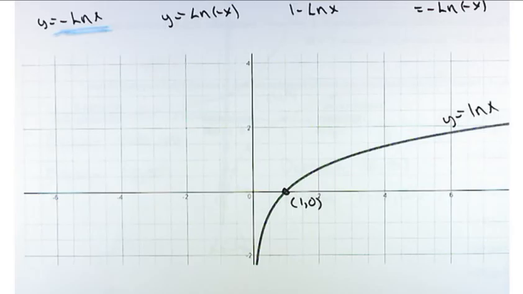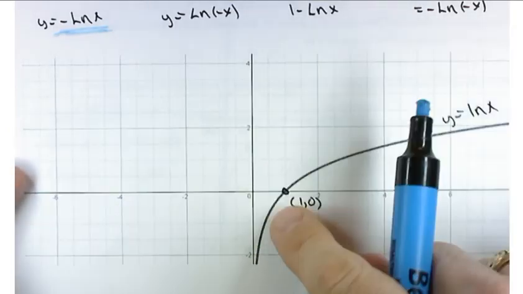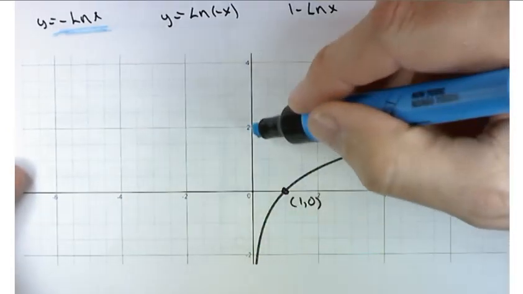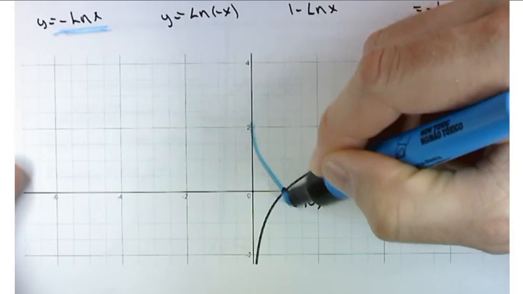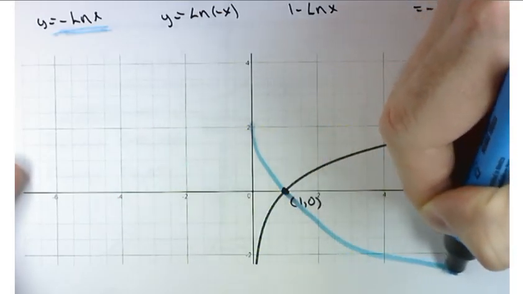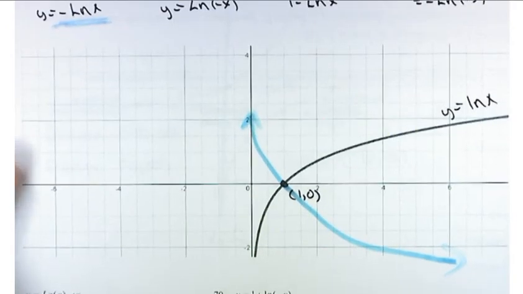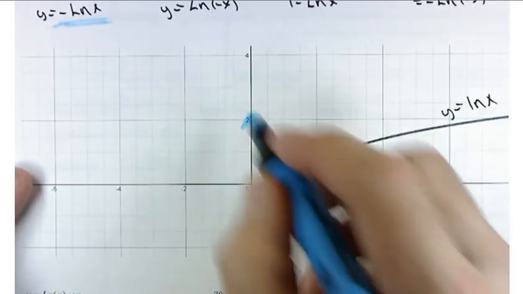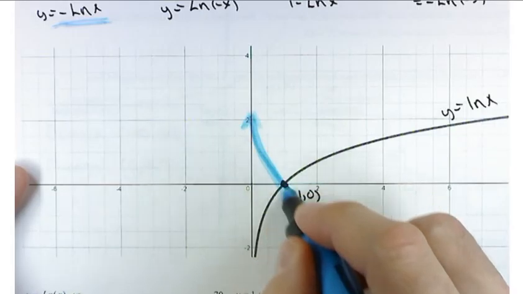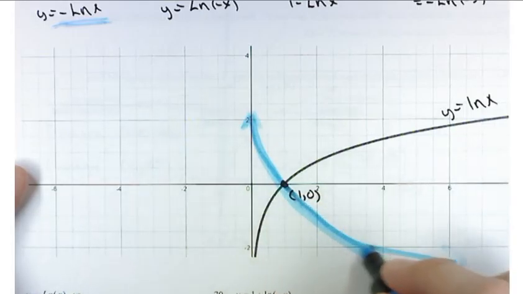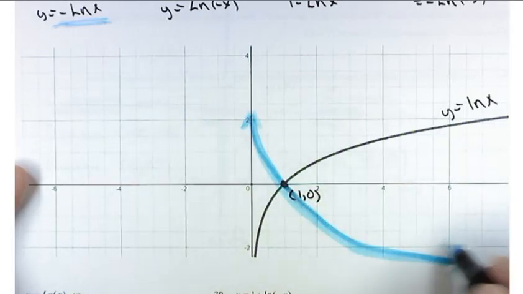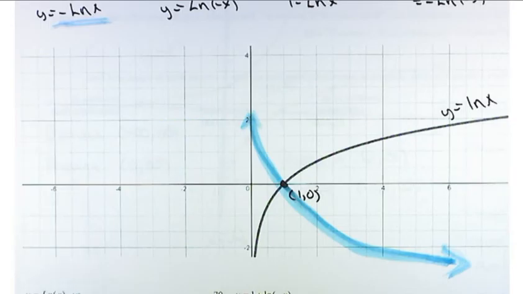So still going to have a point through 1, 0. All right, but that graph's been flipped around the x-axis.